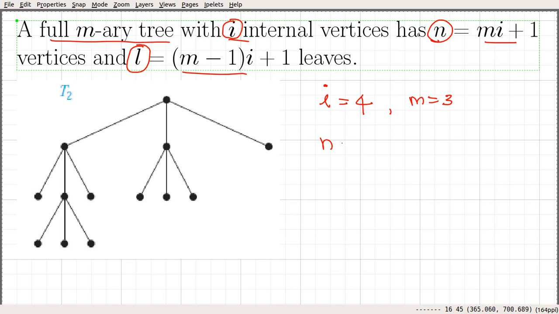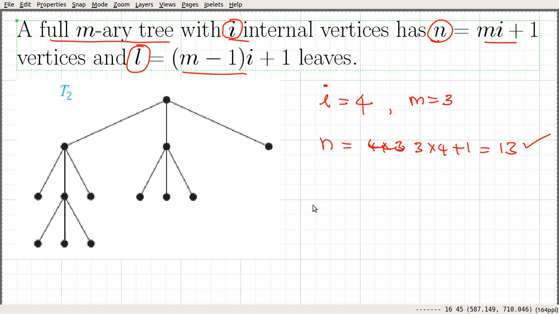So let's find n. That is going to be 3 times 4 plus 1, that is 13. If you count 1, 2, 3, 4, 5, 6, 7, 8, 9, 10, 13, we can see that that's correct for this particular tree.